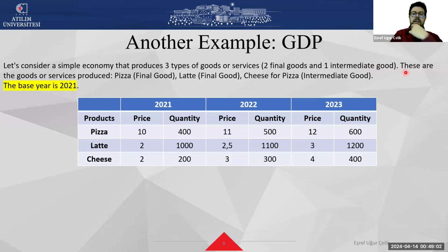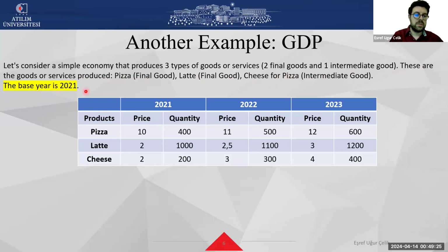These are the goods or services produced. Pizza, final goods. Latte, final goods. Cheese for pizza, okay? That is an intermediate good. That cheese is used to produce pizza. And we cannot include intermediate goods in the calculation of GDP.